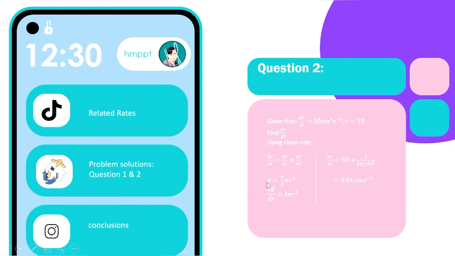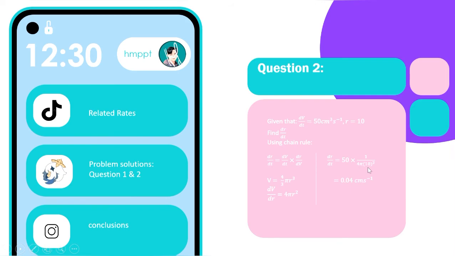So we will be using the value of V, which is 4 over 3 times pi r cubed. We will differentiate this, and it becomes 4 pi r squared. And then after we got these two values, we just need to put these values into this equation. So it will be 50 times 1 over 4 pi times 10 squared.